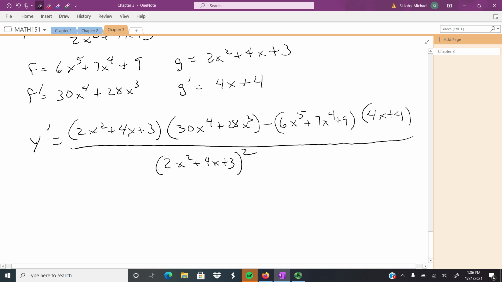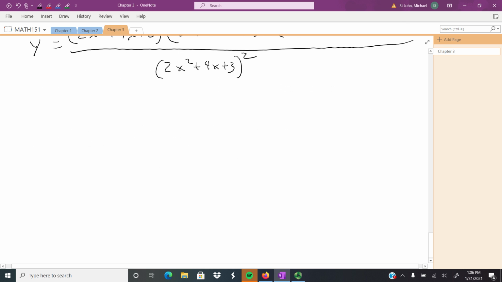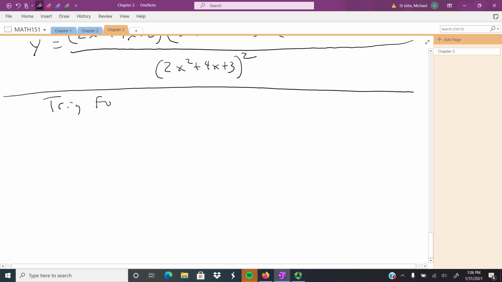Let's see. Other ones you'll see are the derivatives of the trig functions. So we get the trig functions next. The derivative of sine is cosine.